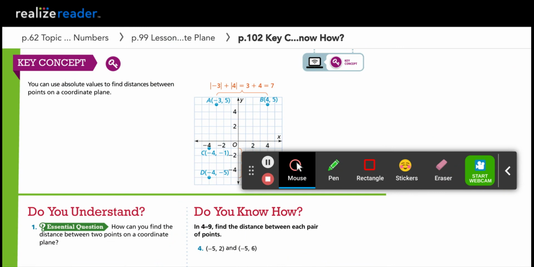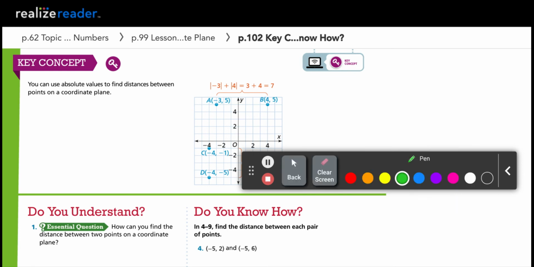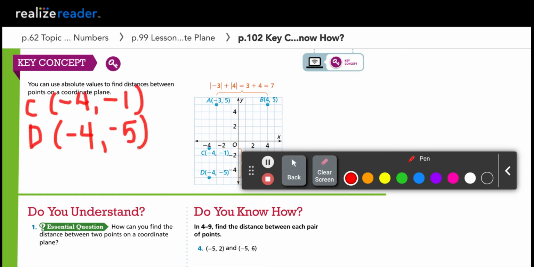Okay, now I want us to look at this grid here, and we're going to find the distance between points C and D. And I'm purposely having my little toolbar there covering up part of the grid because it tells us how to do the problem. So we are going to be looking at point C, which is at -4, -1, and point D, which is -4, -5.